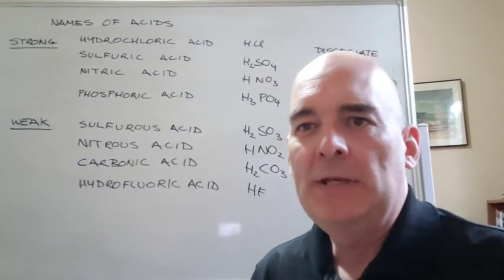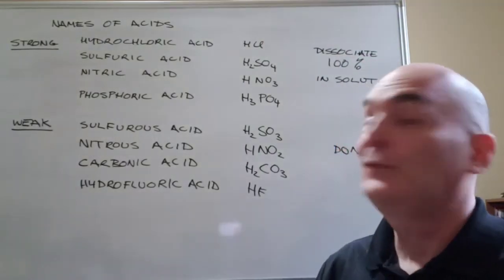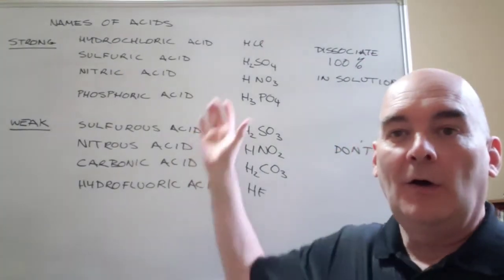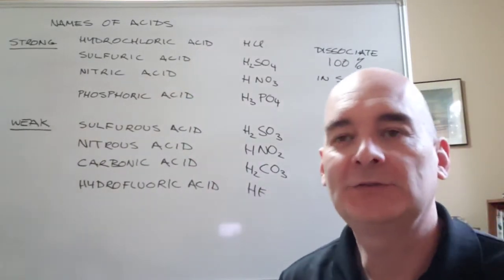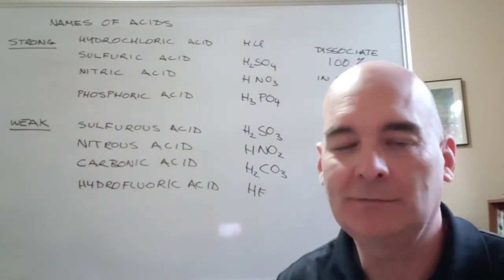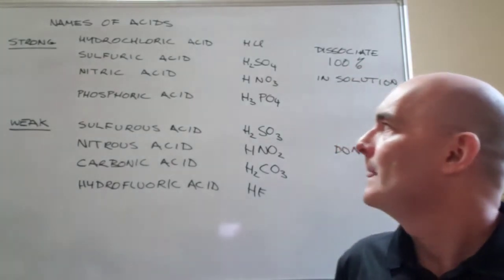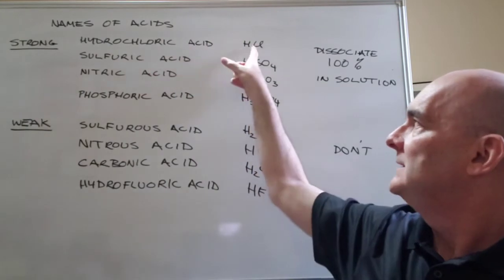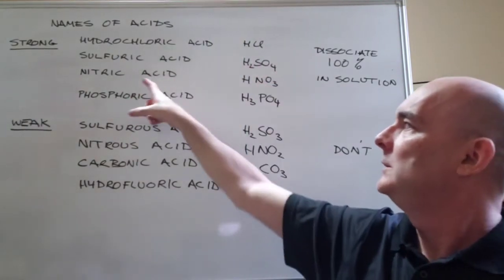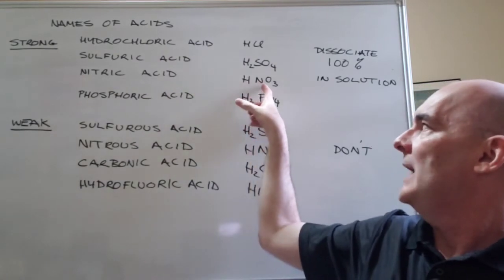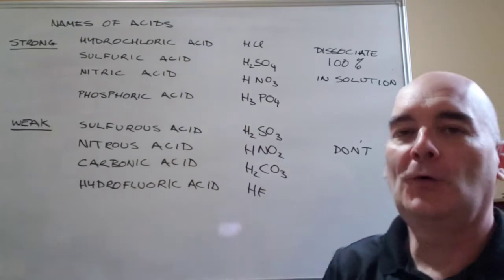Let's look at the names and chemical formulas of some acids. Now, fortunately for us, all acids have the word acid in their name, so identifying whether something on paper is an acid or not is easy. Hydrochloric acid is HCl, sulfuric acid is H2SO4, nitric acid is HNO3, phosphoric acid is H3PO4.